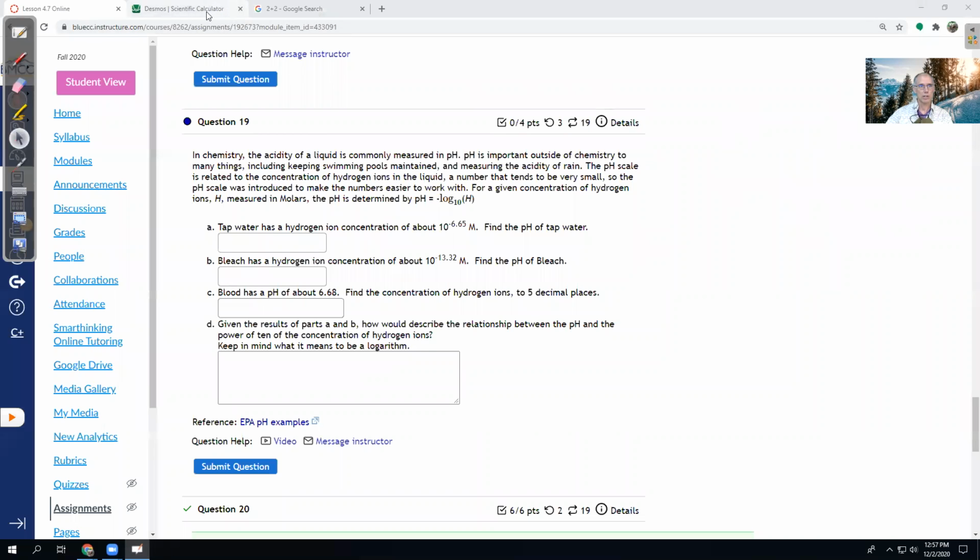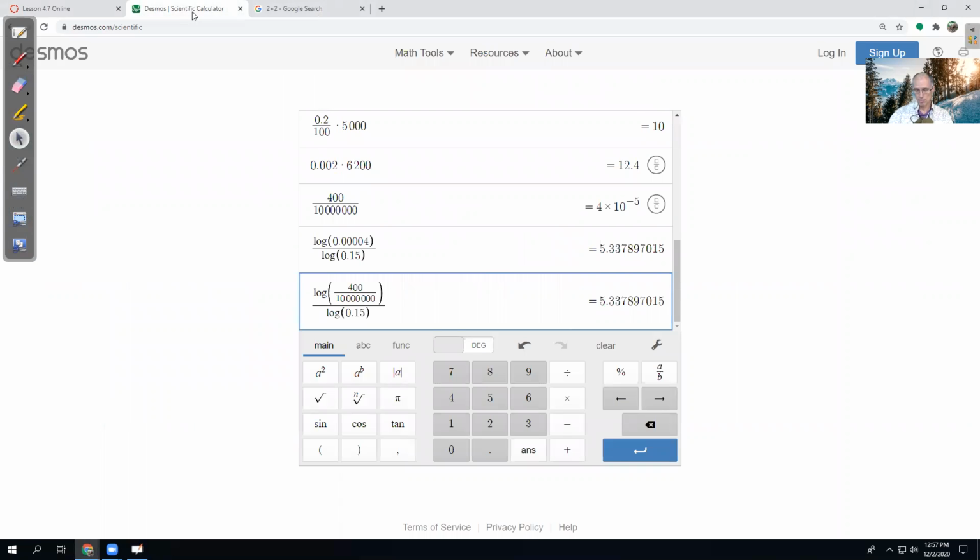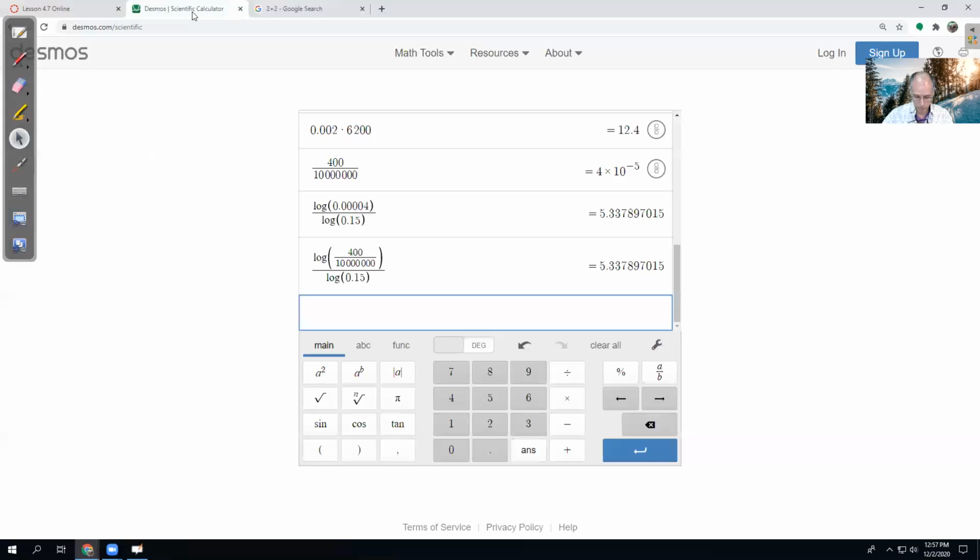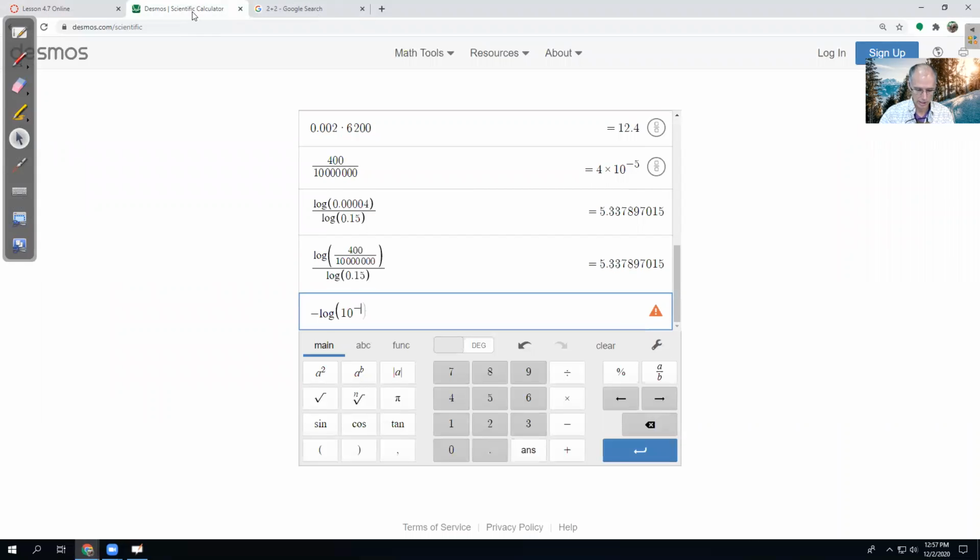So calculator, and again, remember way back from when we started logs in the first place, log with nothing written on the bottom is log base 10. So for this one, I want to know what's the opposite of the log of 10 raised to the power negative 6.65. And the calculator says it is 6.65.